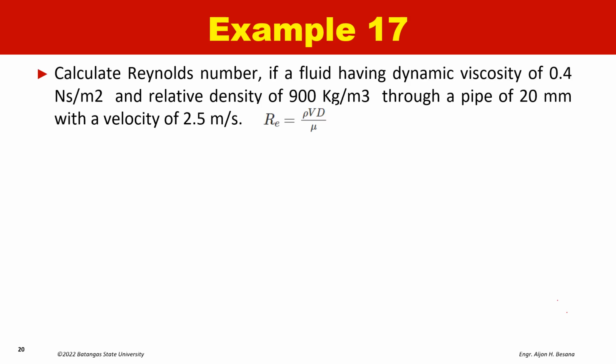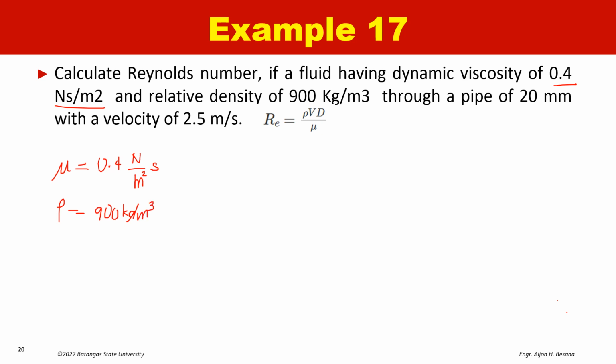Number one, calculate the Reynolds number of a fluid having a dynamic viscosity of 0.4 Newton second per meter squared. So we have our dynamic viscosity, or the mu, in Pascal second, that is 0.4 Newton second per meter squared, and a density of 900 kilogram per meter cubed.